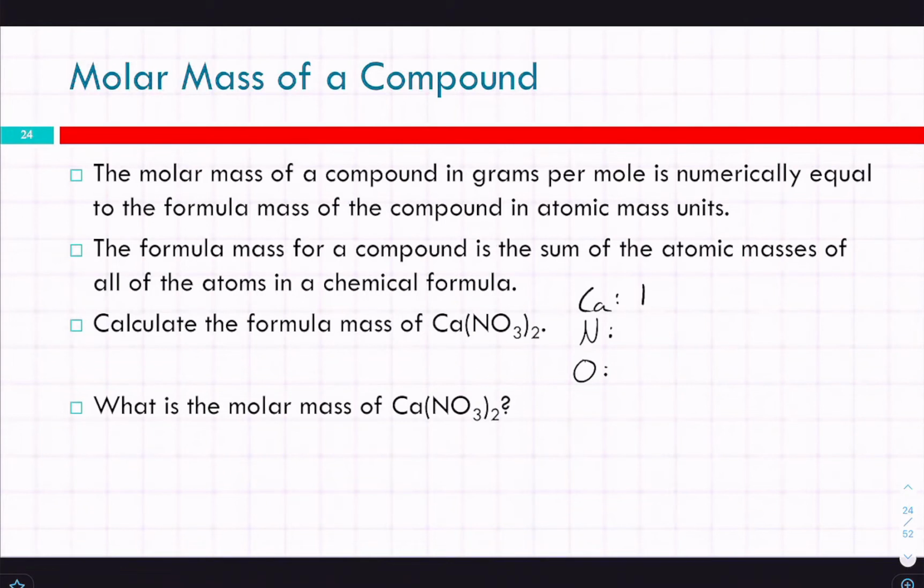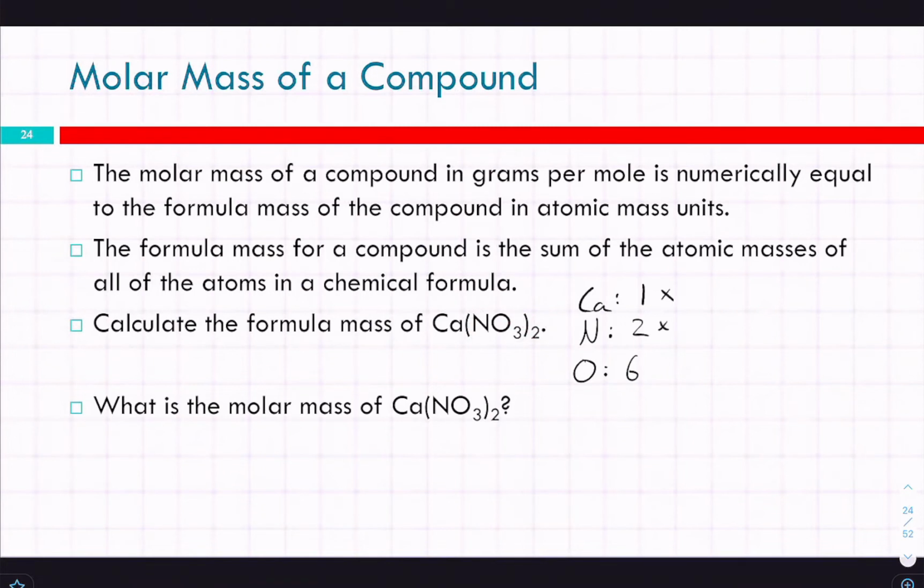How many nitrogen atoms are there? 2. Because the NO3 is inside the parentheses and there's this 2 outside, it means 2 times everything inside the parentheses. So this is going to be 2 nitrogen atoms, and then how many oxygen atoms? 6. Again, it's inside the parentheses and there's a 2 outside, so multiply that by 2, there's 6 of those.